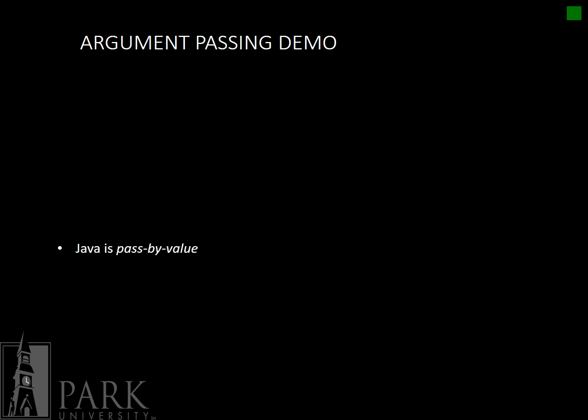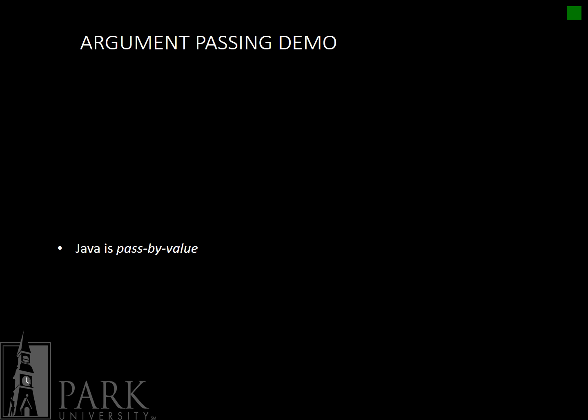So now we're going to get to something that confuses a lot of people. I don't want to say it's confusing, but it can be if you make it. Java uses what's called the pass by value mechanism to pass arguments to methods. Pass by value means that the JVM passes a copy of the argument's value, not the argument itself, to the parameter, to the method that's going to be using it.